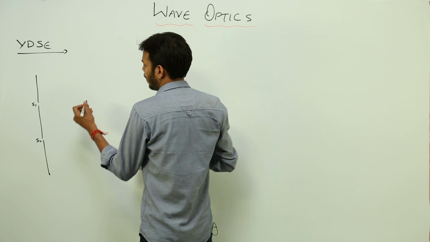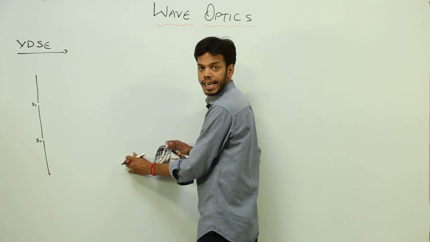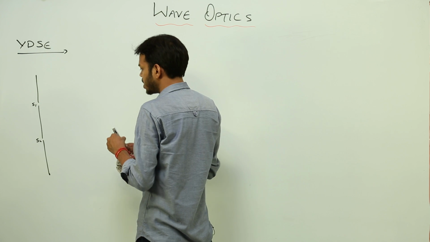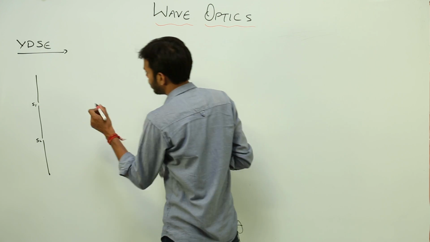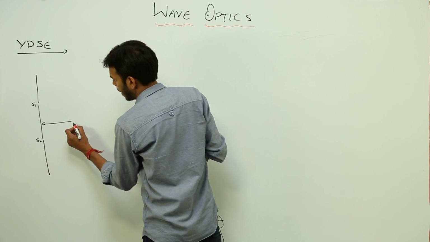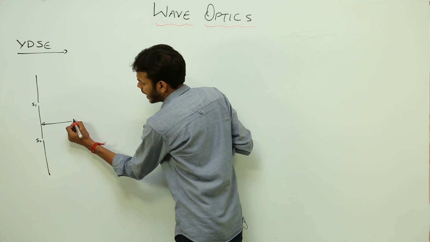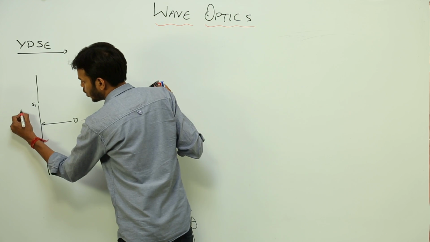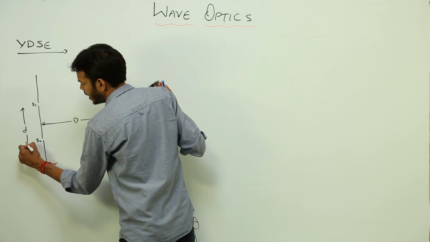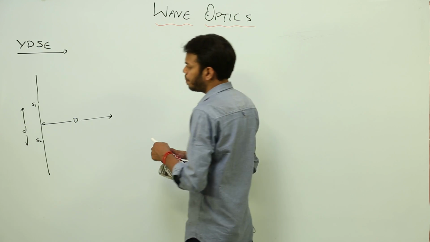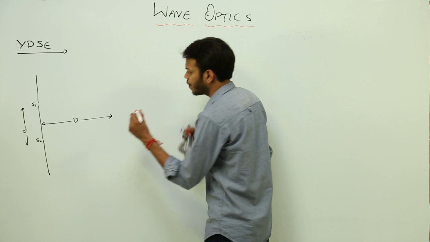Now, when there is an interference pattern on the screen, what kind of interference pattern do we observe here? For example, let us say this is the middle point of the screen, having a distance D from the source, and these two sources are at a distance small d among themselves. So the bright fringes and the dark fringes are of this pattern.